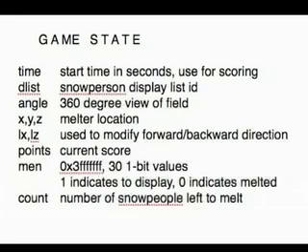The game state for Melter includes time in seconds, which is used to figure out if you've exceeded the 2-minute or 120-second limit. The display list ID, which is generated by the glGenLists call in the previous example.